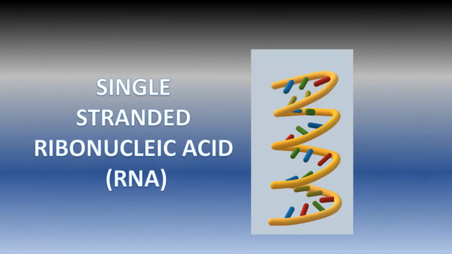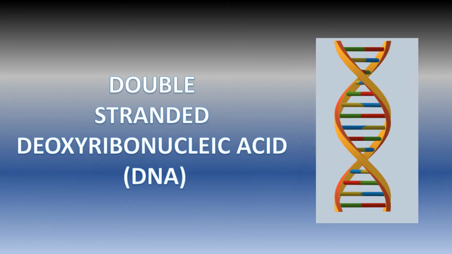Okay, let's look briefly at the structure of coronavirus. Coronavirus is a single-stranded RNA virus. RNA is ribonucleic acid, and single-stranded means there's only one strand. This is different from the typical DNA we're all used to hearing about, which is deoxyribonucleic acid and is double-stranded.